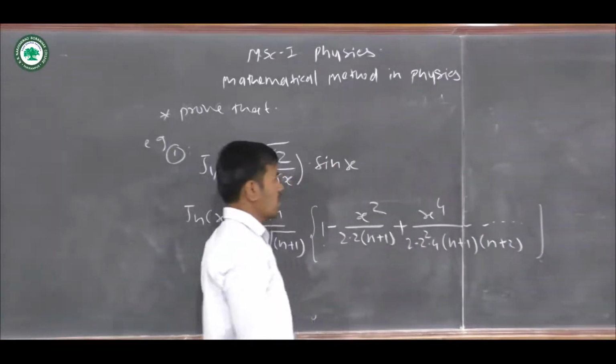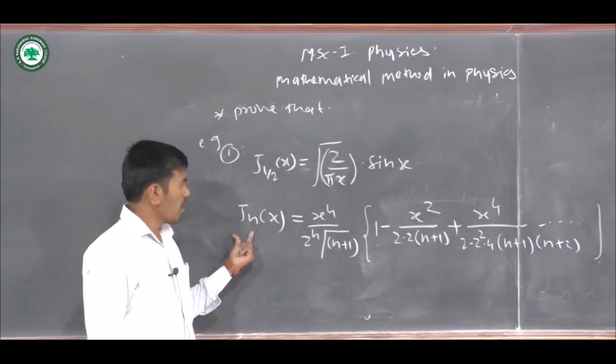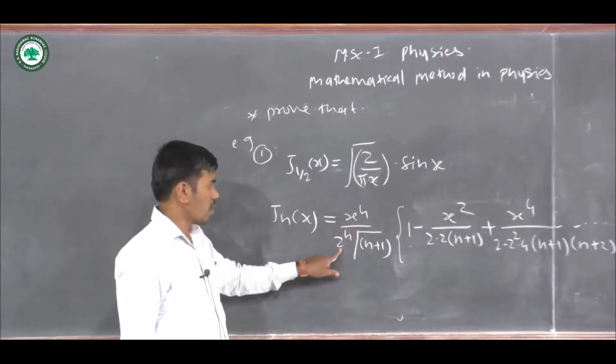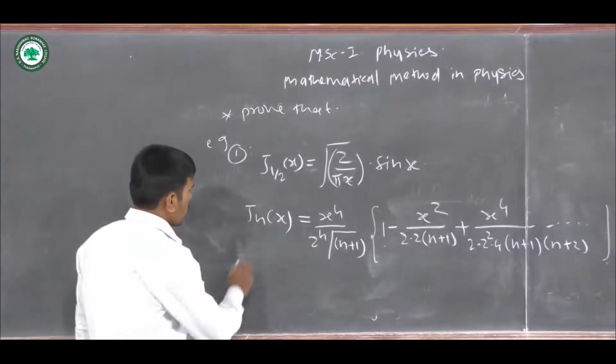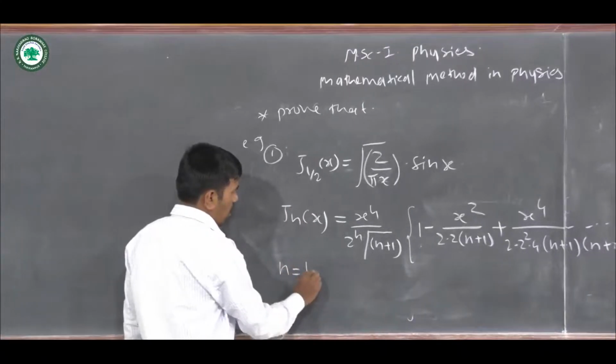This is the series for this function. This is x power n and this is 2 power n. So here n is given, that is half.